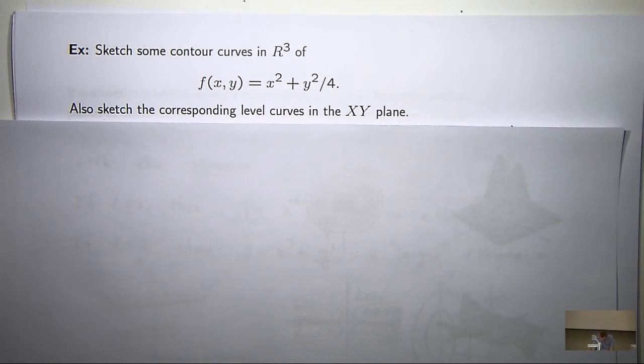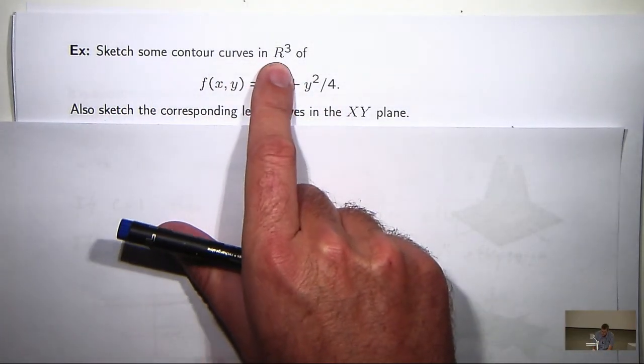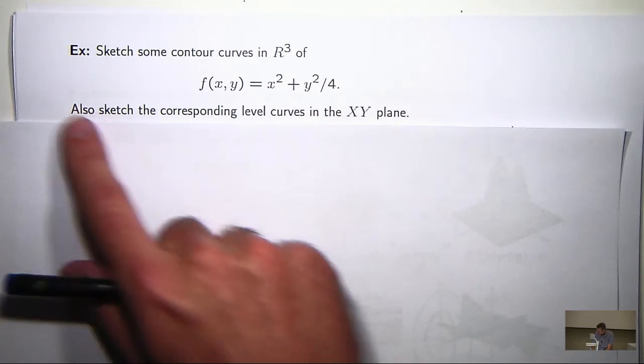But this is a good example of what you might see in a class test. It's not a very involved question, but it's maybe worth 2 marks or something. Here we have a given function. Sketch some contour curves in R3 of this function, and also sketch the corresponding level curves in the xy plane.